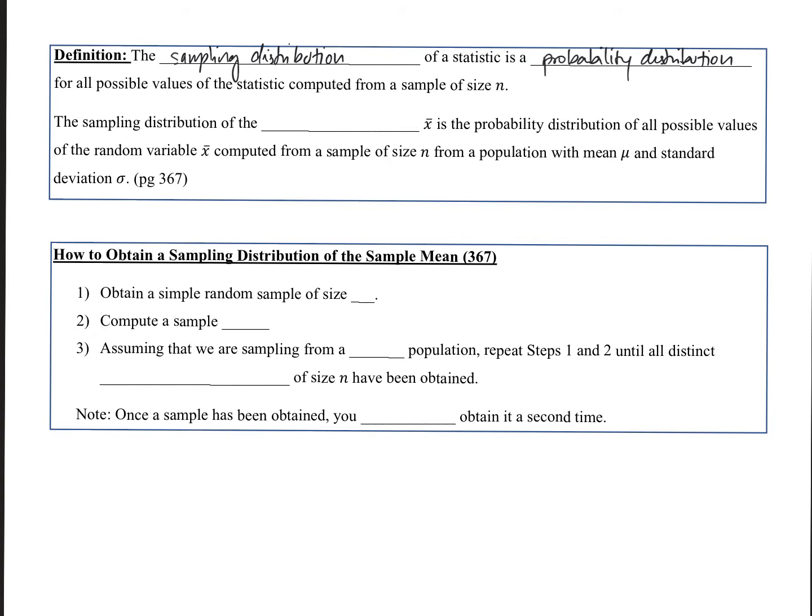So the sampling distribution of the sample mean, which we know as x bar, is the probability distribution for all possible values of the random variable x bar, computed from a sample of size n, from a population with mean mu and standard deviation sigma.